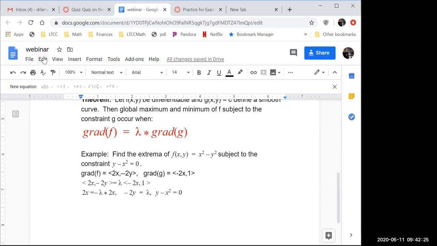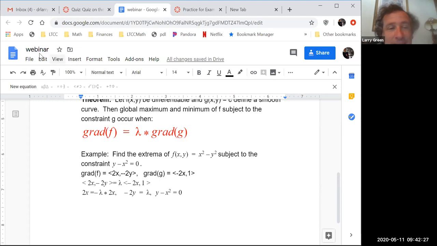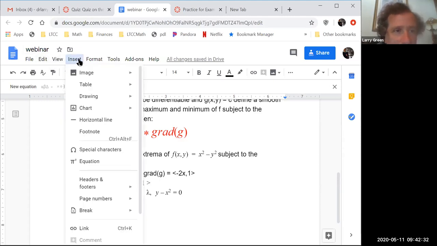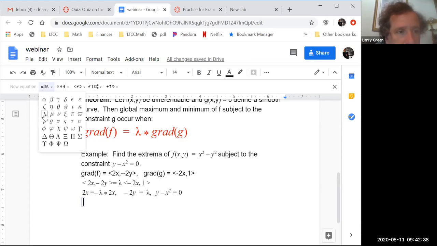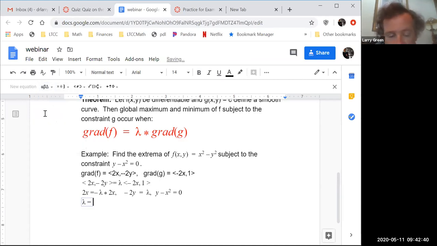So that's very nice. If you can get lambda, then the rest is going to be very nice. So lambda equals 2x over negative 2x, which equals negative 1. Because if you divide by negative 2x, you get negative 1.